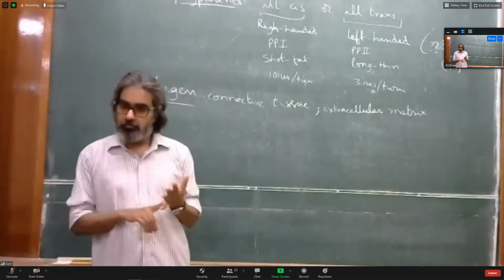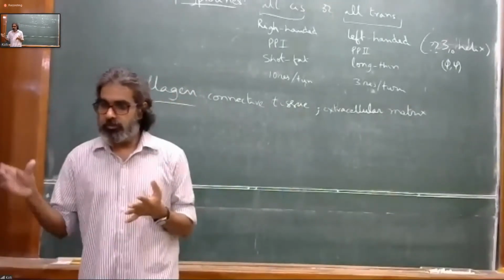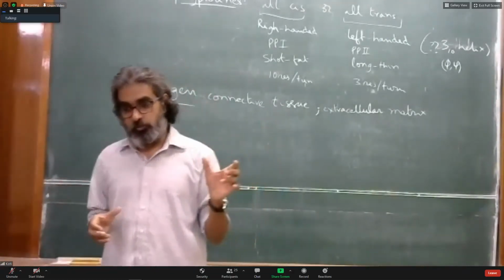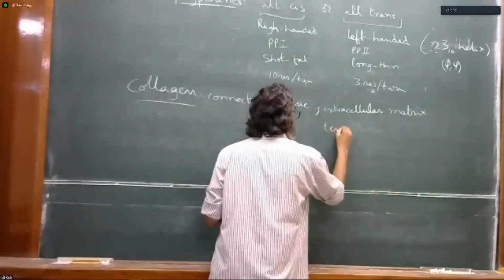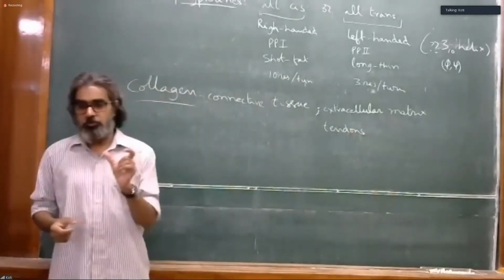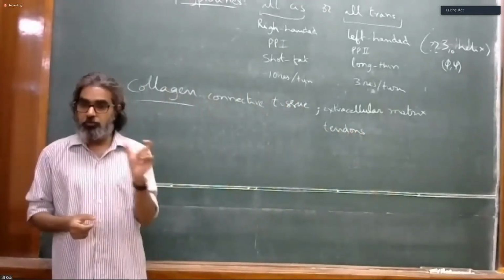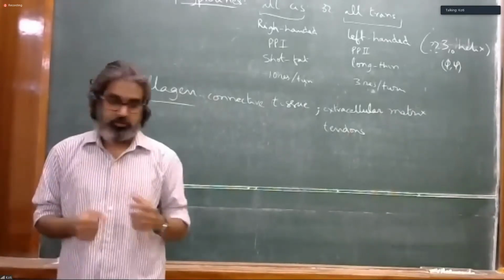places like bone, tendons. Let's say you have a muscle, which is a tissue connected to bone. You have what are called tendons, a tissue which connects bone to muscle, so that the muscle can stretch, but bone is very stiff.